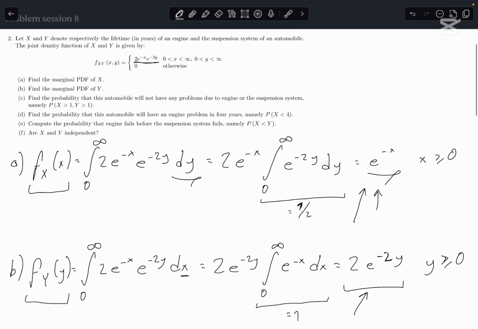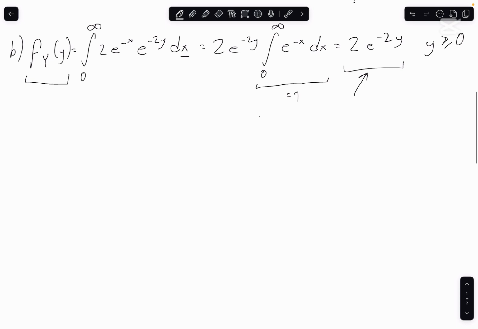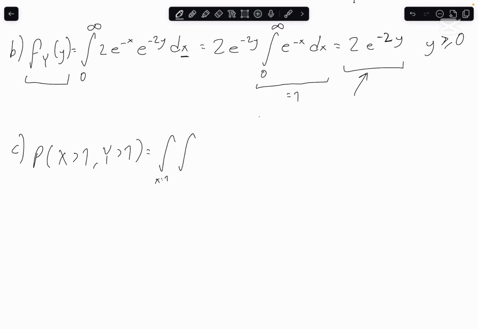So in the first step, we need to write a double integral, which means the probability of x greater than 1 and y greater than 1 equals the double integral with x from 1 to infinity and y from 1 to infinity.